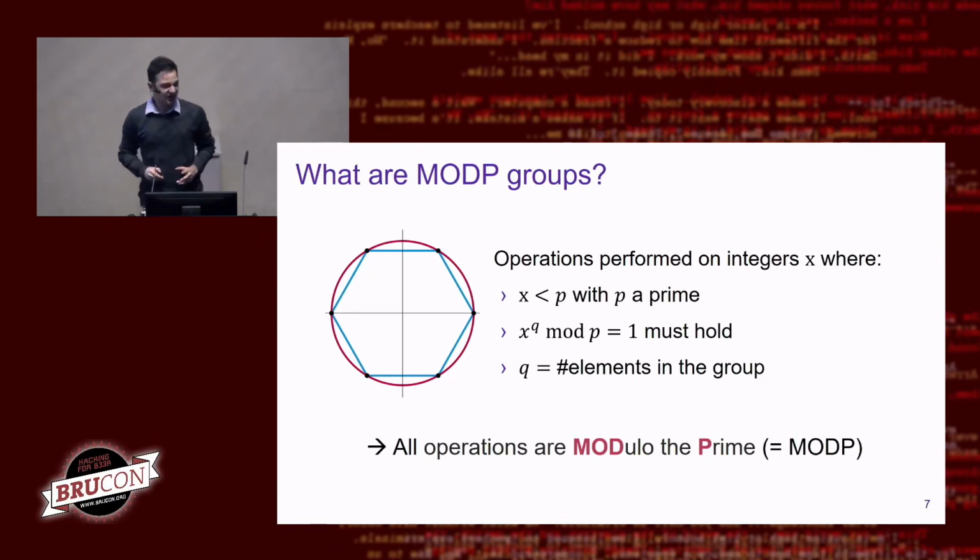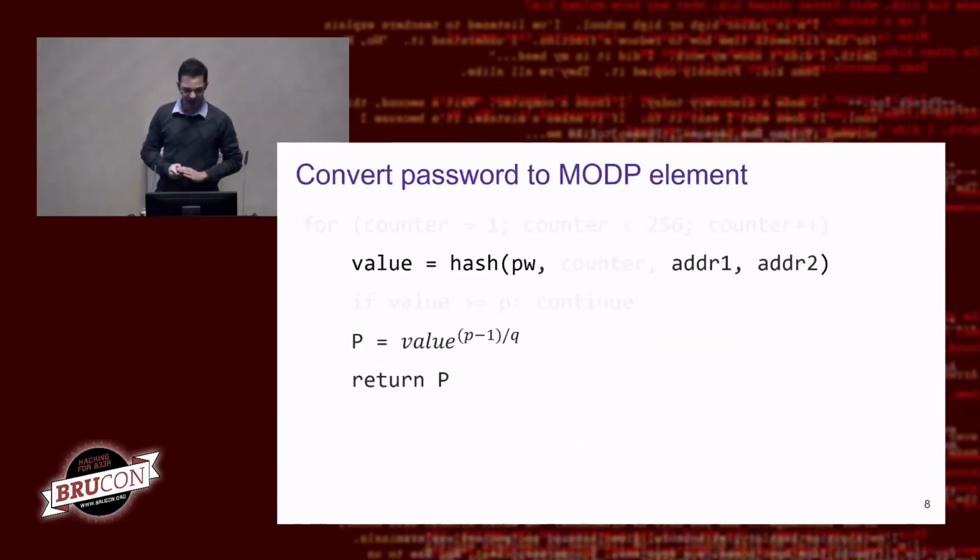So now the question is, how can we convert a plain text password into a number that has these properties? Well, a naive way to do it is the following. Here, we take the plain text password and we hash it together with the MAC address of the client and the access point. The result of this hash output, we interpret as an integer.